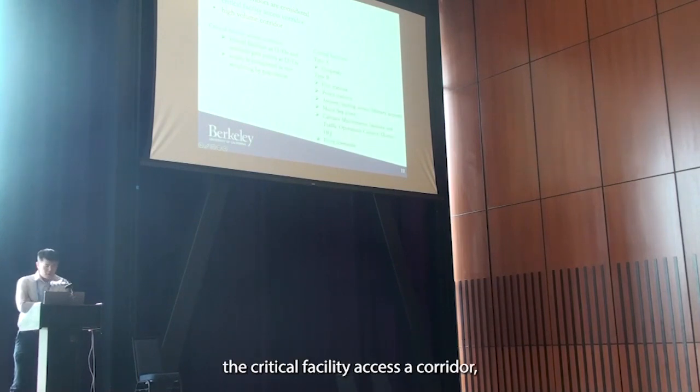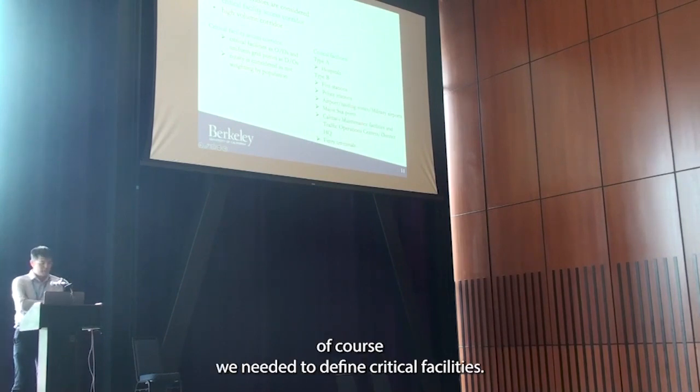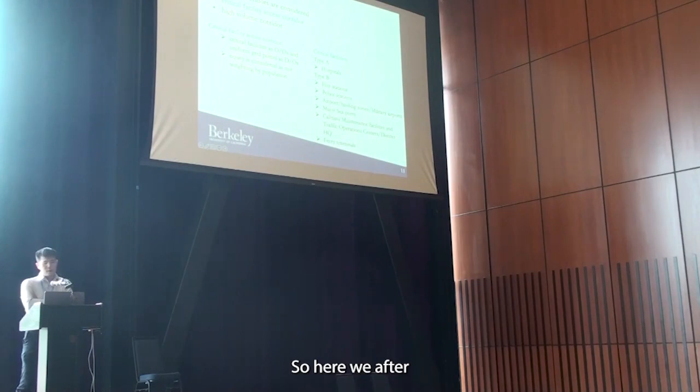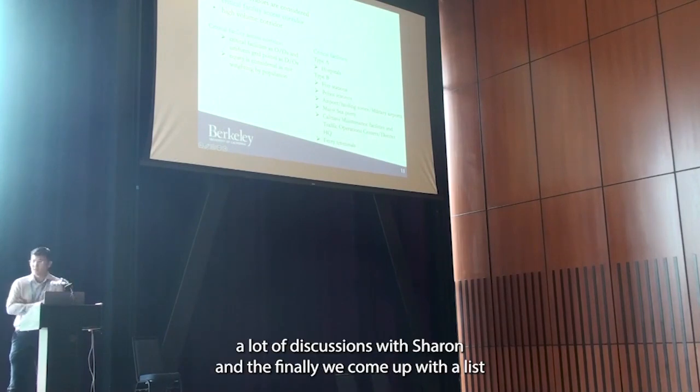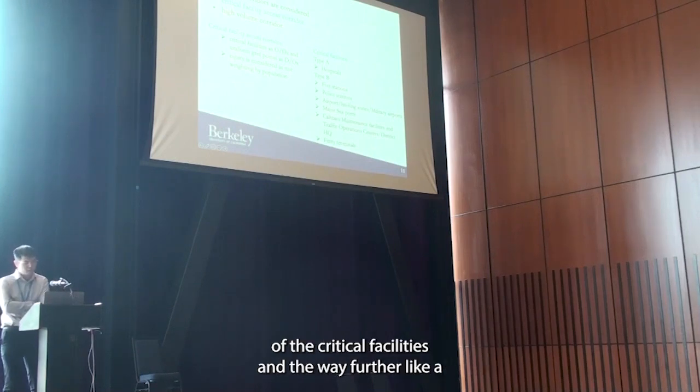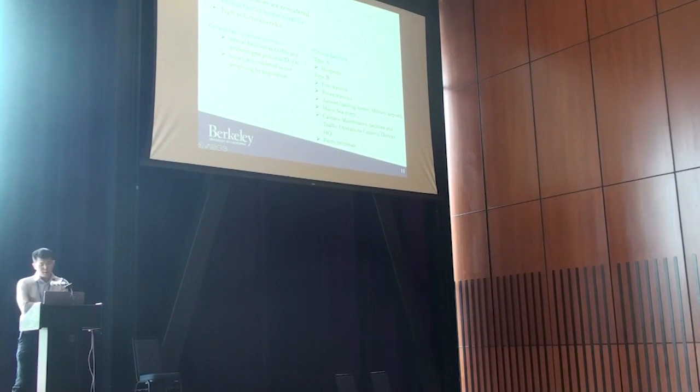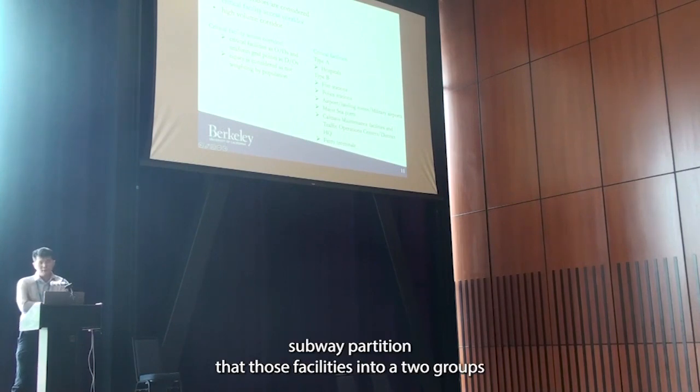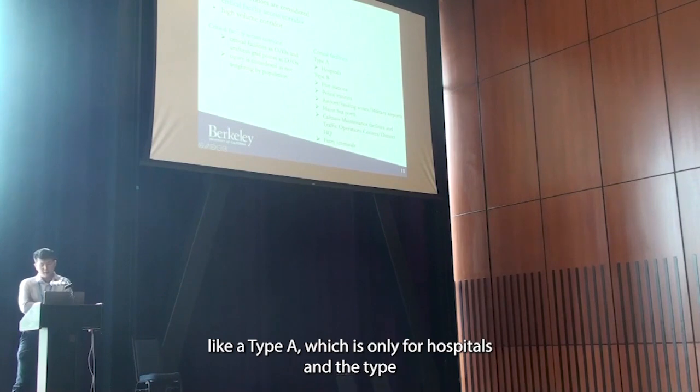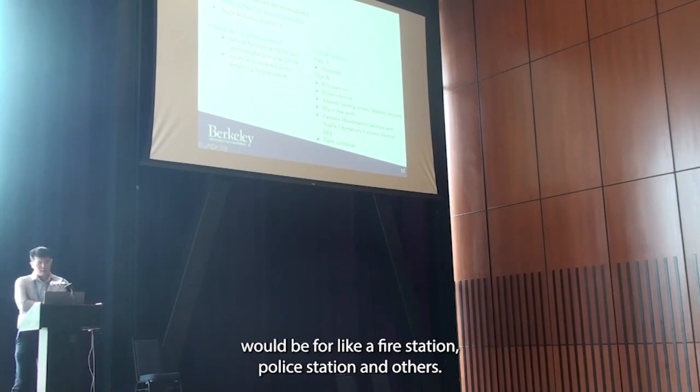For the critical facility access corridor, of course, we need to define critical facilities. After a lot of discussions with Sharon, we finally came up with a list of the critical facilities. And we further sub-partitioned those facilities into two groups: type A, which is only for hospitals, and type B, which is for fire stations, police stations, and others.